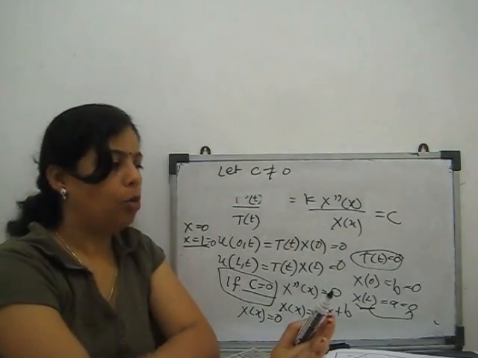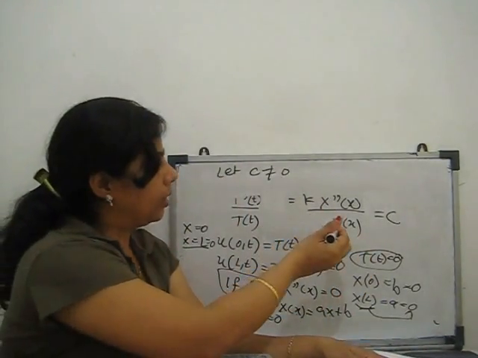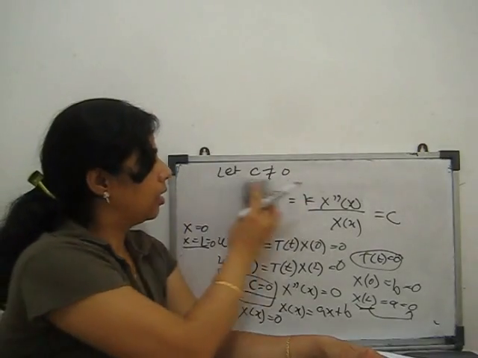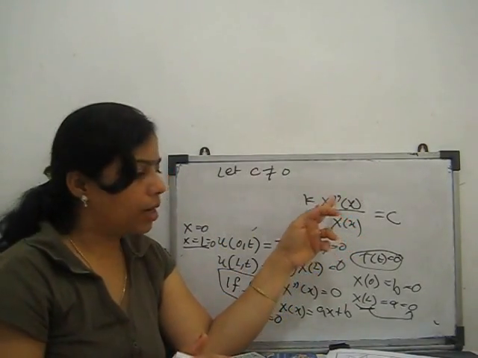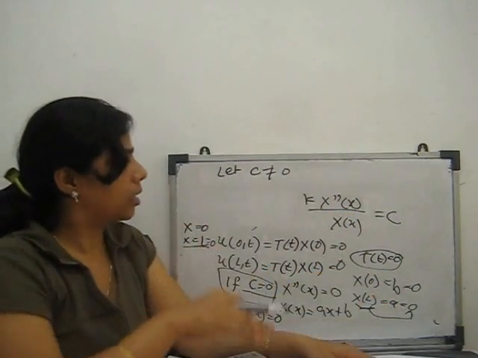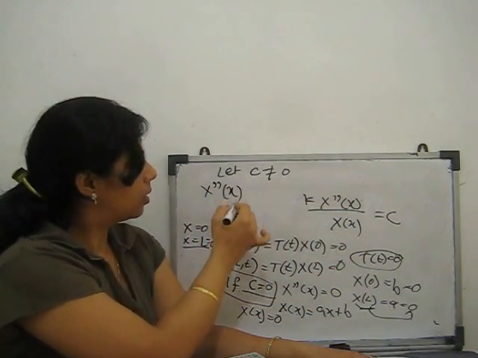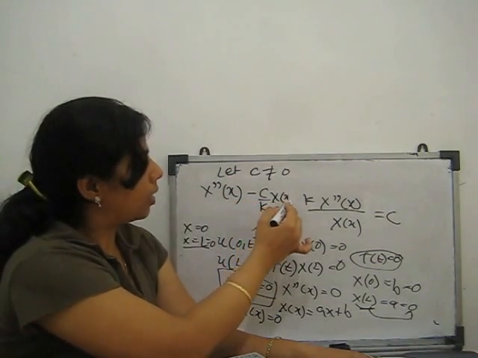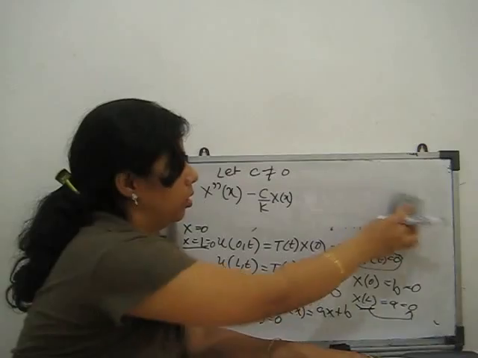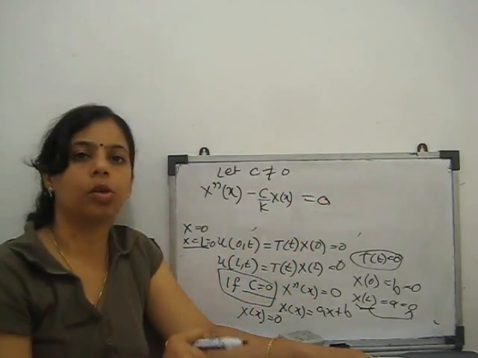So when c is not equal to 0, our equation becomes X double dash X minus c by k X equal to 0, because c is not equal to 0.